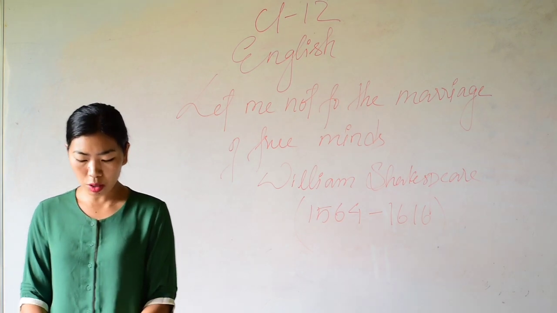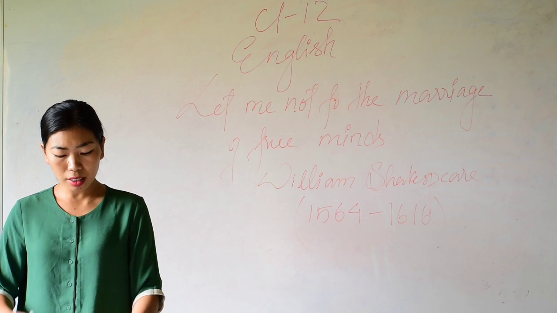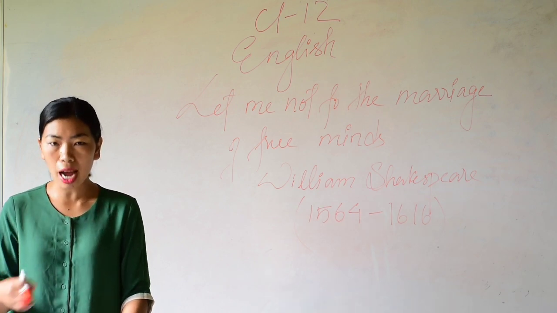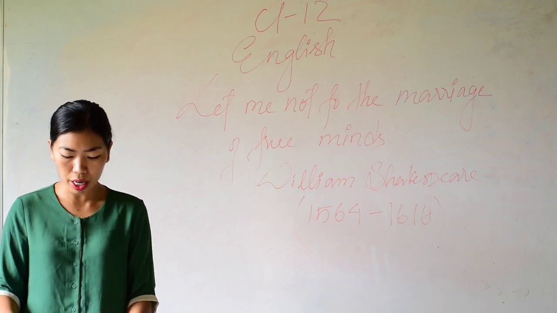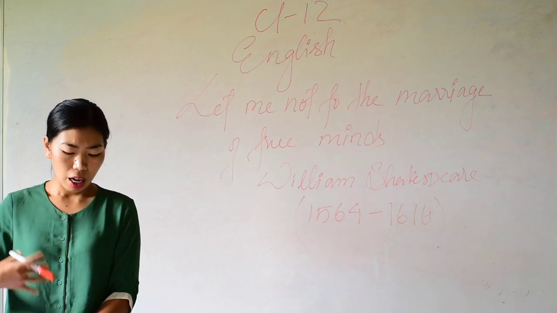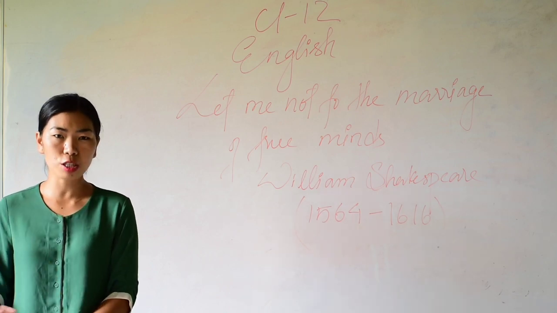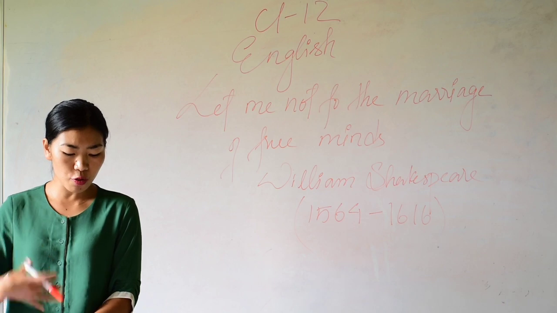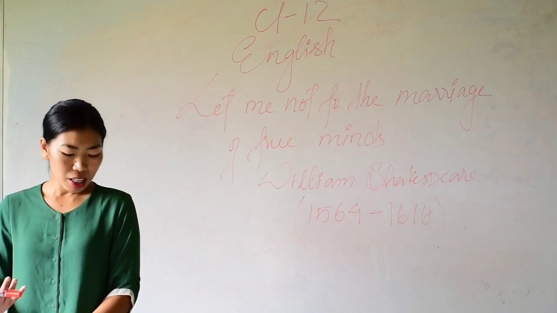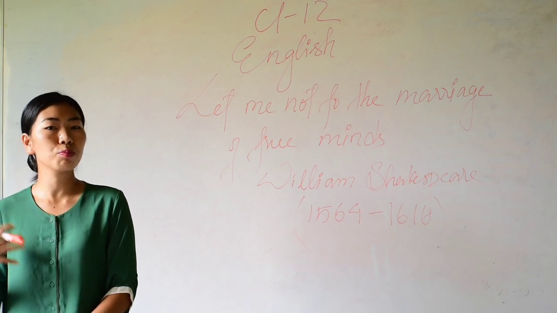Love alters not with his brief hours and weeks. Along with time, a person grows old, their skin, everything fades. The physical beauty fades. So the point is that true love doesn't fade along with that physical beauty.